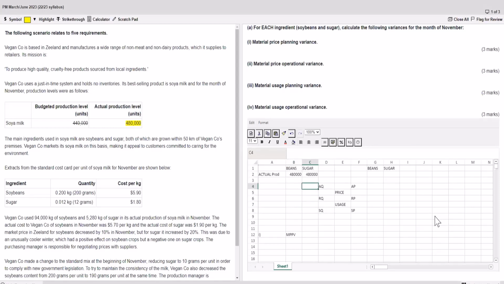So the actual quantity is down here. Vegan used 94,000 kilograms of soya beans and 5,280 kilograms of sugar. So there's your actual quantity. Don't overthink it.